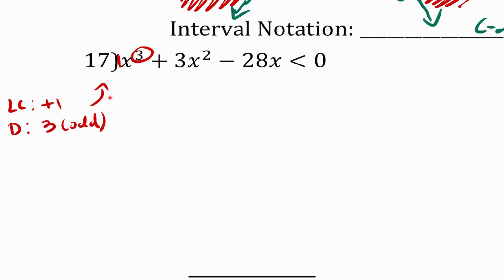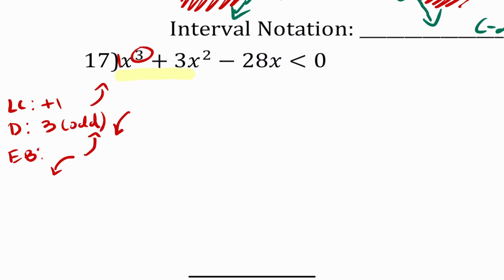So since I face up initially, and I have an odd degree, I'm going to face the opposite direction, which is basically facing down. So your end behavior should look like this.